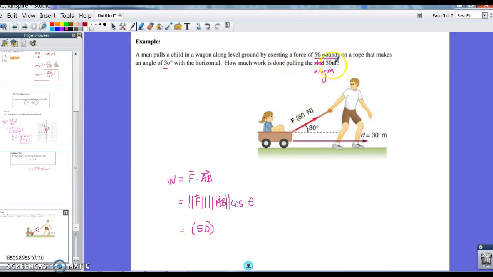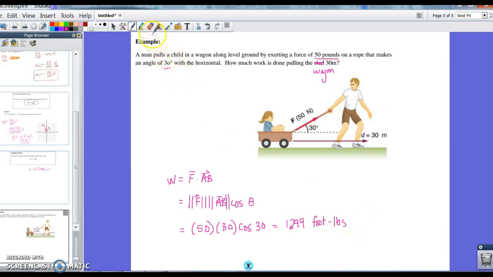I'm moving it 30 meters, because the distance from A to B is 30 meters. And the angle between the force and the direction that I'm pulling is 30 degrees, so that would just be cosine of 30. If you did that in your calculator, that comes out to be 1,299 foot-pounds.